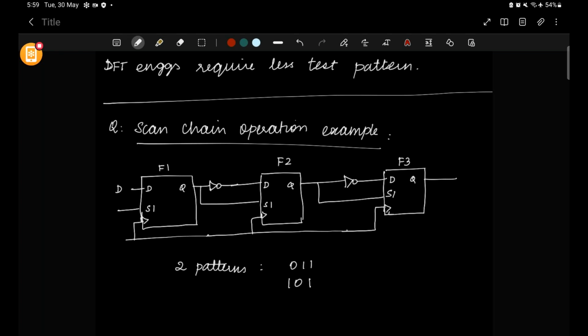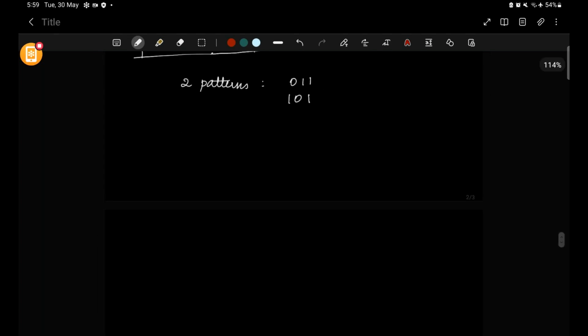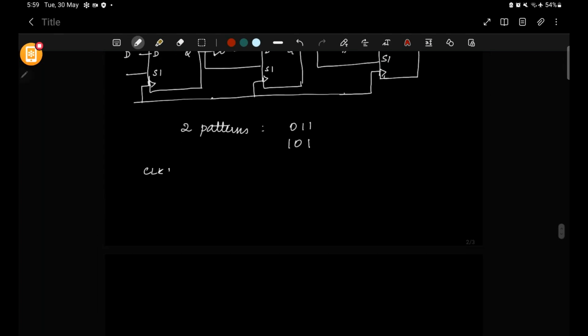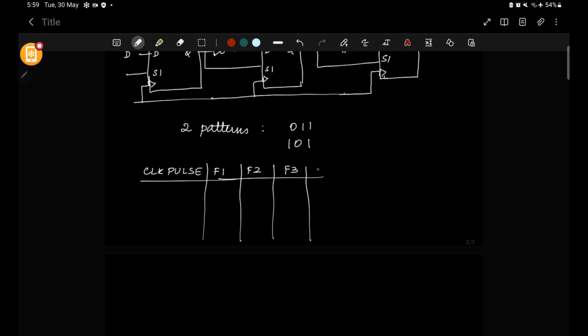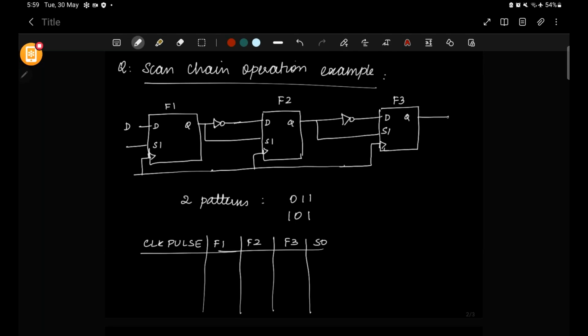You can draw a tabular column like this: clock pulse, and what will be the value in flip-flop 1, then flip-flop 2, flip-flop 3, and then scan out. So this flip-flop 3 output is what goes to scan out. This is connected to top level scan out.